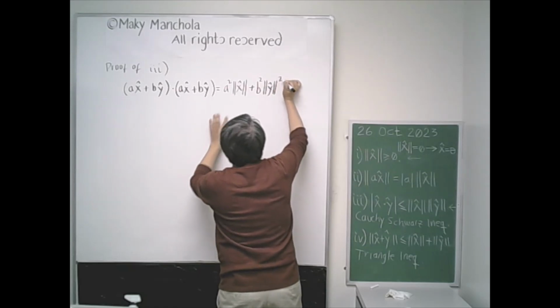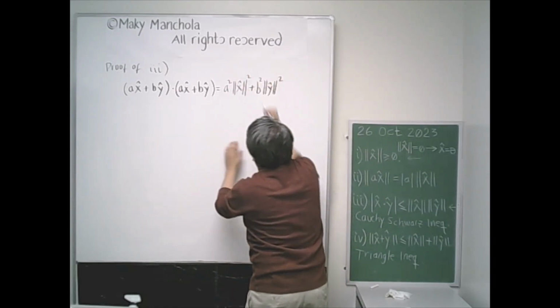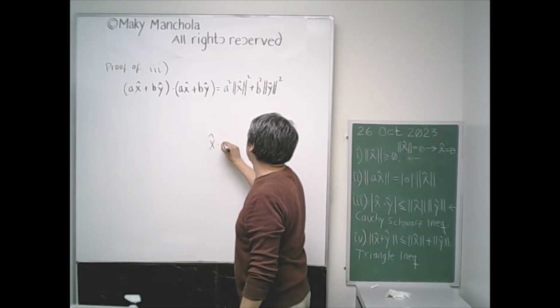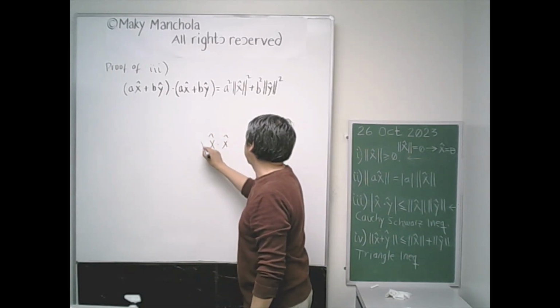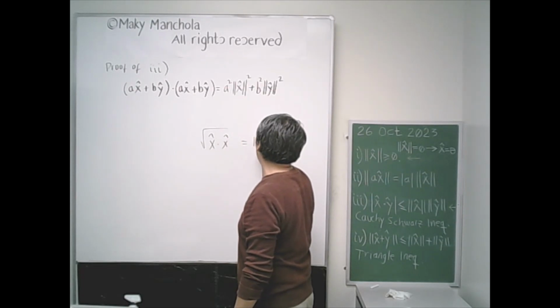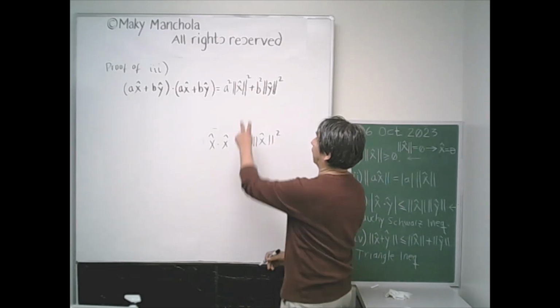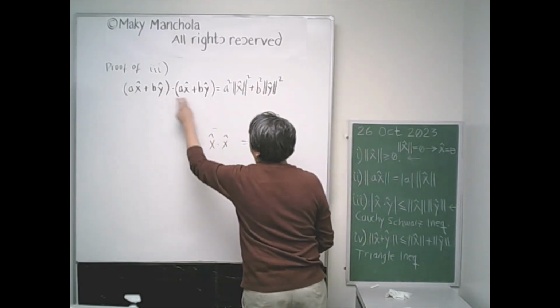So x hat dot x hat, what is x hat dot x hat? If you take the square root of that, that gives you the norm of x hat. But if you don't have a square root, then you must have the norm of x hat squared. And similarly for y hat dot y hat.